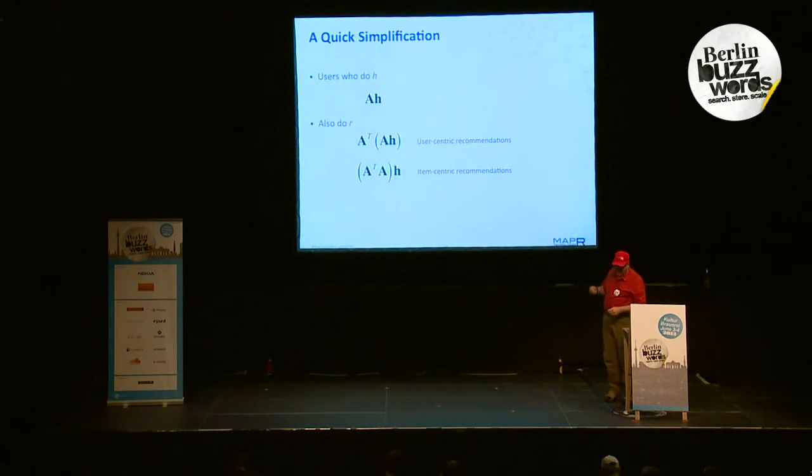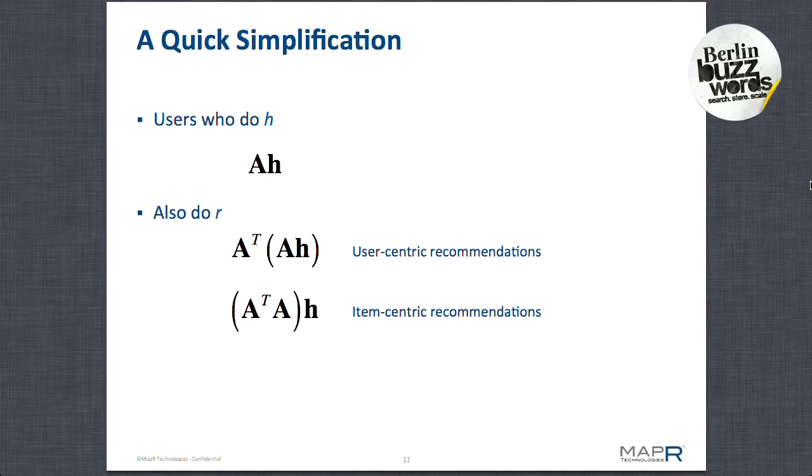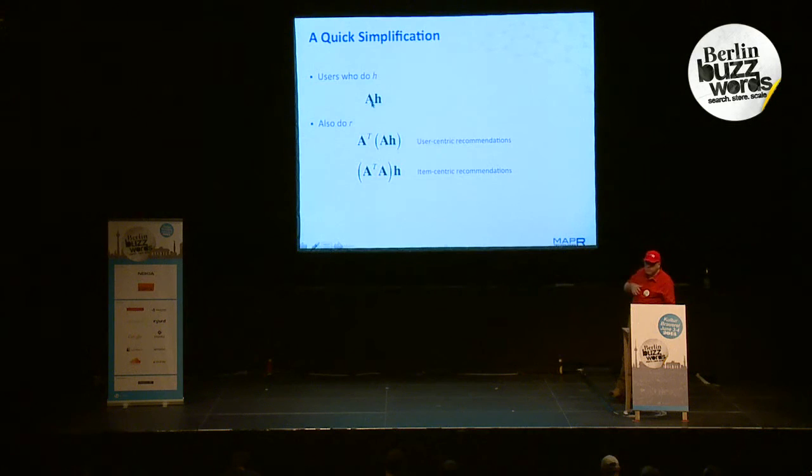Here's mathematically a very concise way to do that. We can talk about multiplying by a history vector h times our history matrix. This history vector is for one user, the user who's of interest right now, and A is the history matrix of all users. And so A h gives us users who do things in common with the items in h.